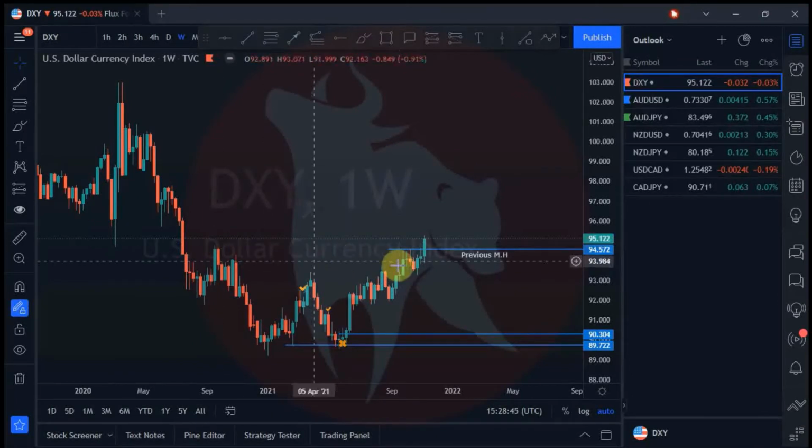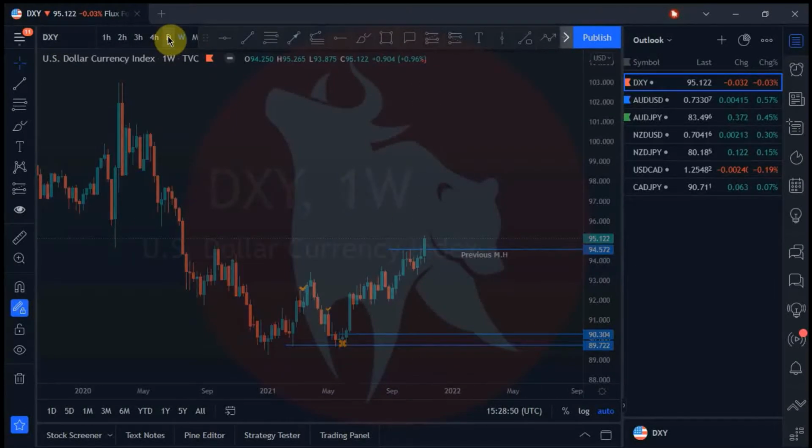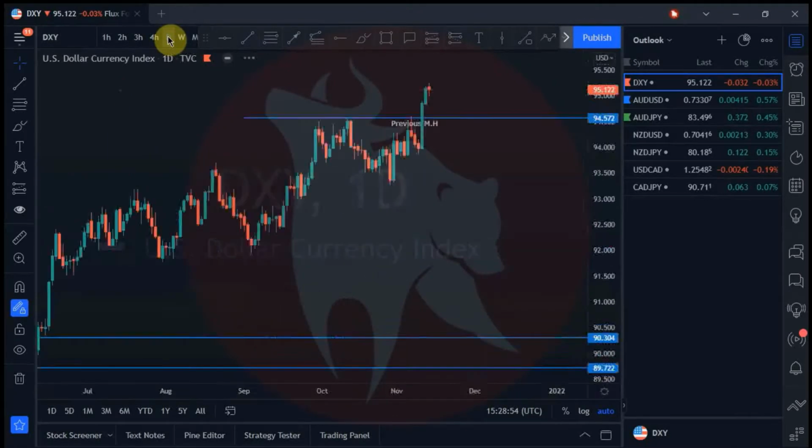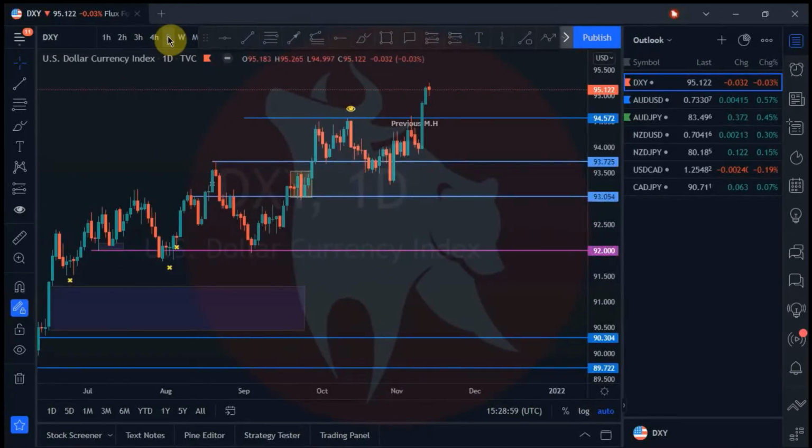At this stage, I would want to see price retrace back to this previous high, and then I look forward to see where price is going to move next. Going into this week, bearish on the dollar index.